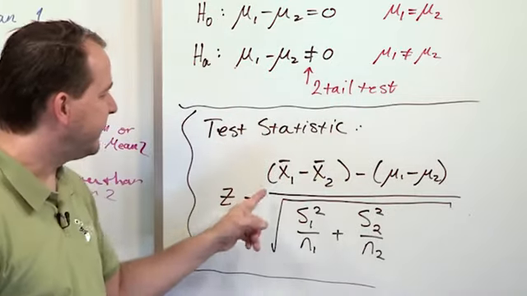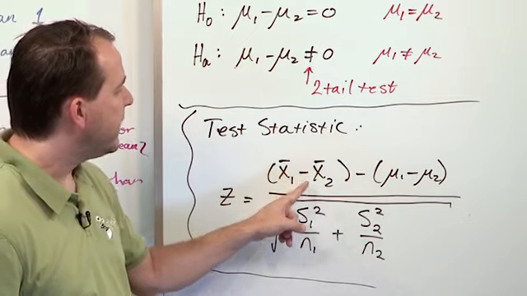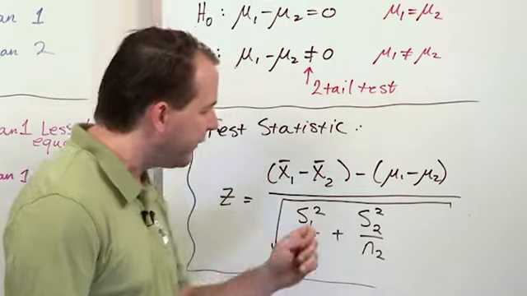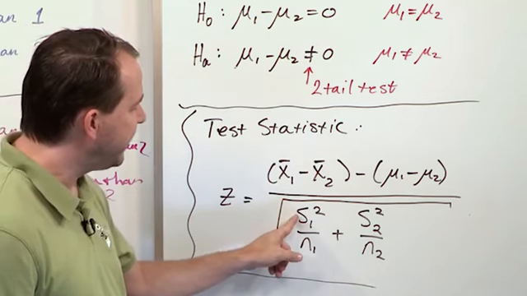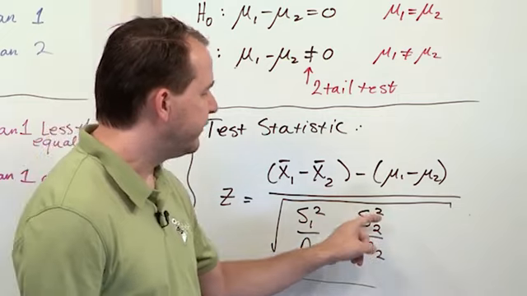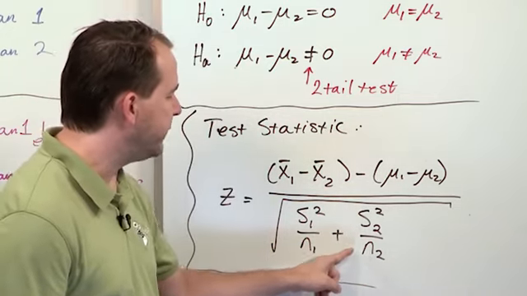So this test statistic takes into account the average value of the data you get from population 1. It takes into account the average value of the data you get from population 2. It also takes into account the standard deviation, squared of course, of population 1, the standard deviation squared of population 2, and the number of samples that you picked from each population.